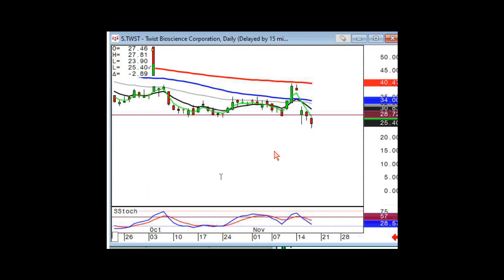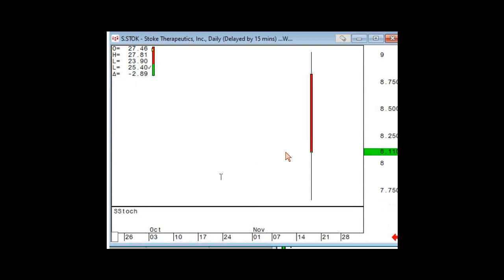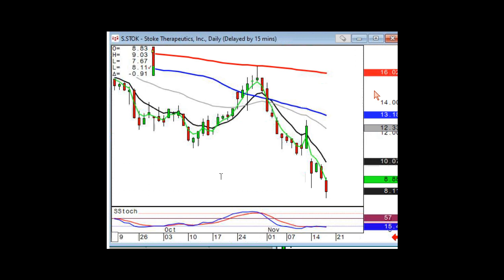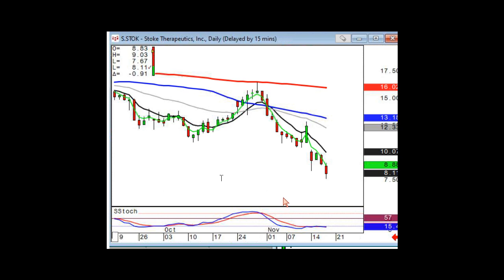We saw that a while back in Netflix. I'm trying to think of the other ones that they sold off hard. There's your bearish kicker signal. So if you look back at this chart, it becomes pretty obvious when you should have closed out long positions and gone short.